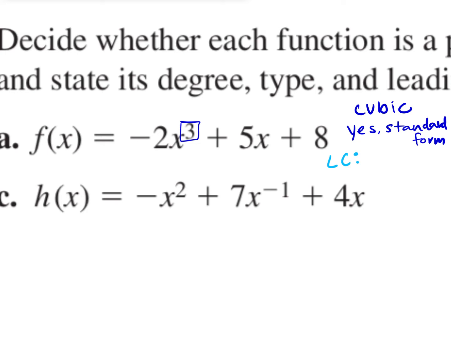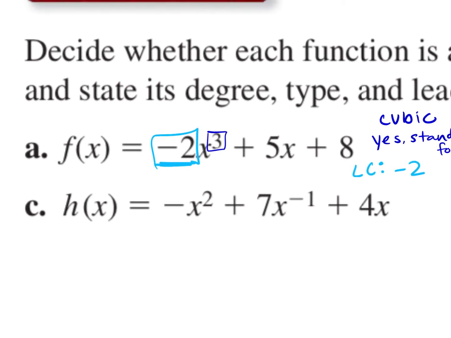So remember, leading coefficient is the coefficient, the number in front of the highest degree. Perfect. -2 is our leading coefficient. Coefficient means the number in front of what gets multiplied to the x. The leading coefficient would be like the first one that's in standard form.